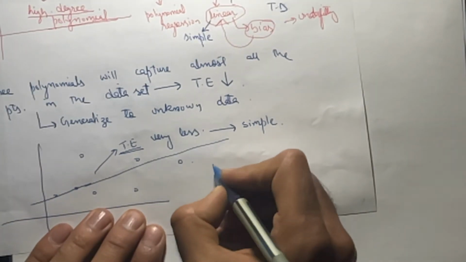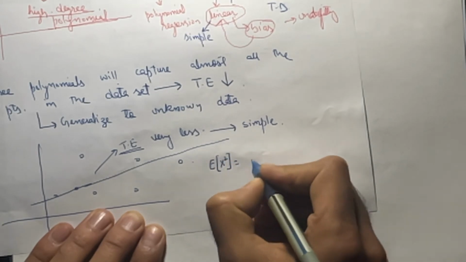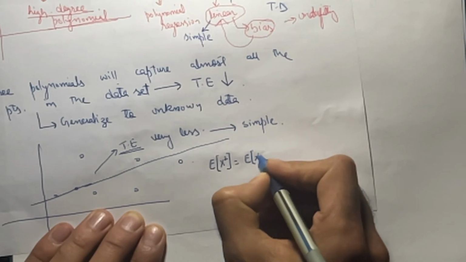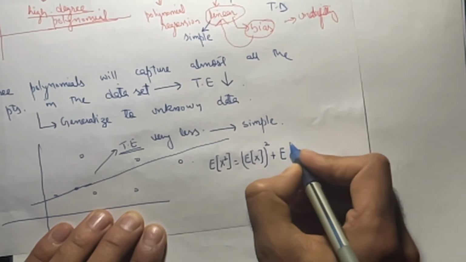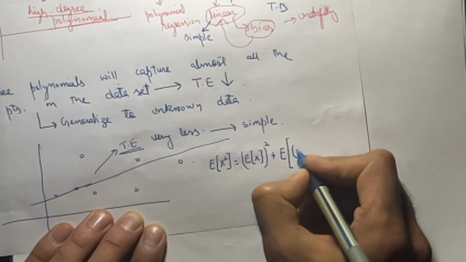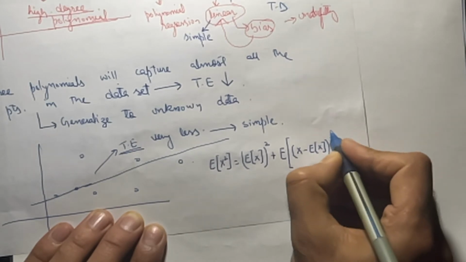Let me write it here, on a different paper, because we will be using this equation repeatedly in our derivation. The equation is: expectation of x square is equal to expectation of x whole square plus expectation of x minus expectation of x square.